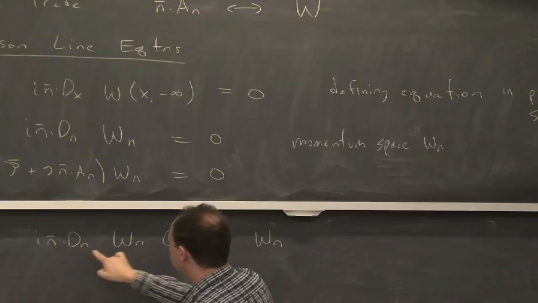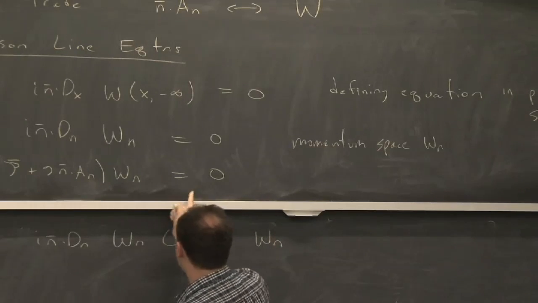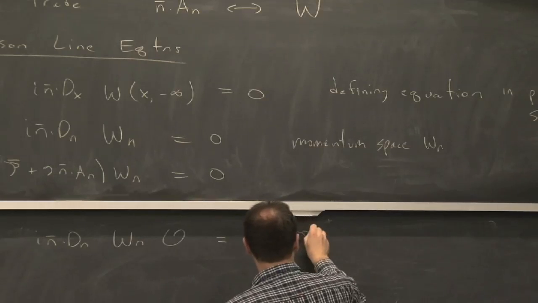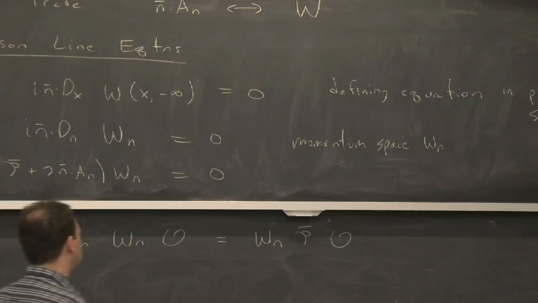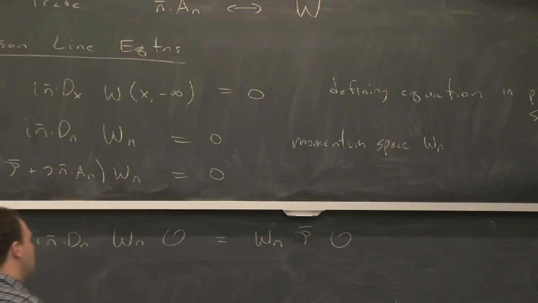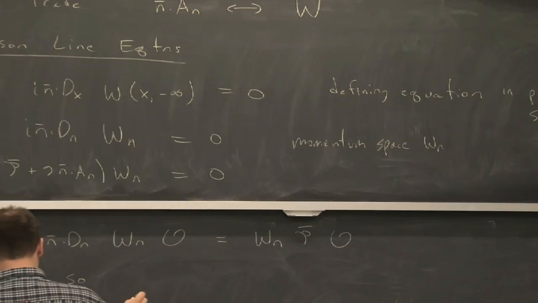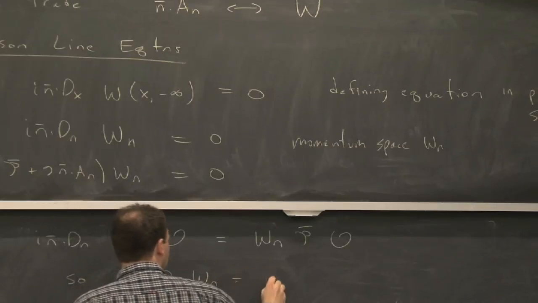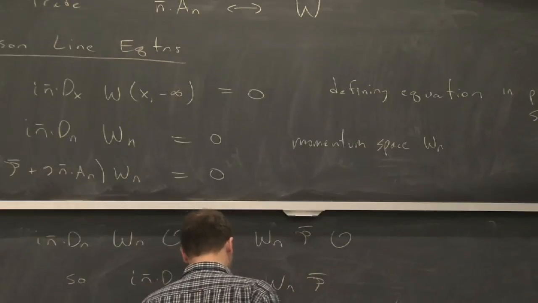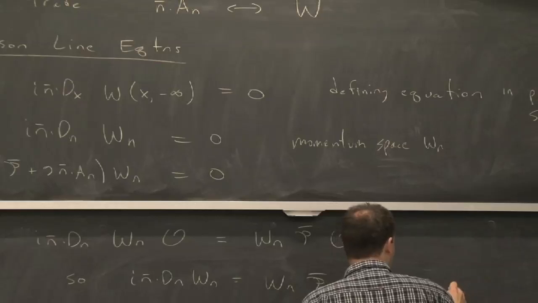So I get 0 if the p bar acts on this thing, but if the p bar acts through, then I get just p bar on the operator. So as an operator equation, I can erase the O. This is true for any O. And we have this operator equation.